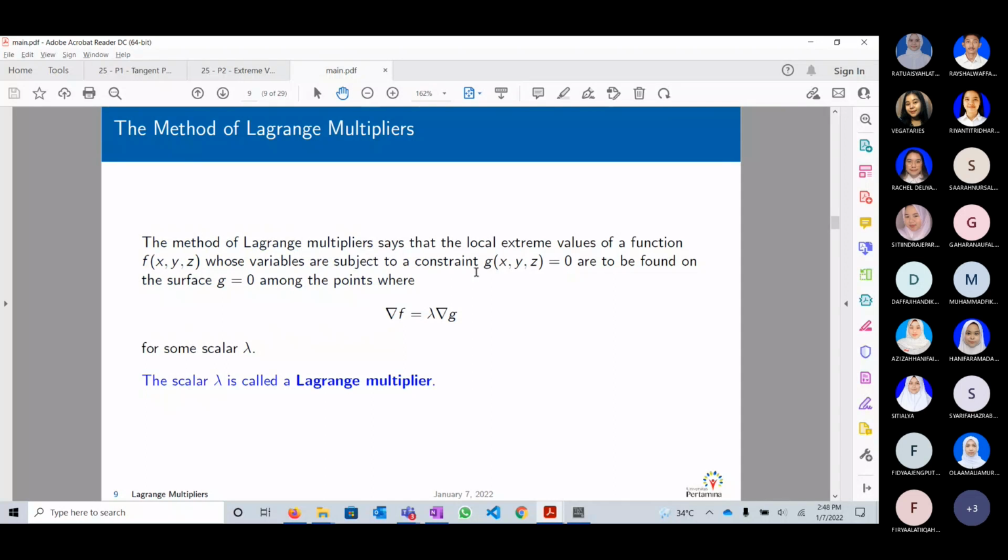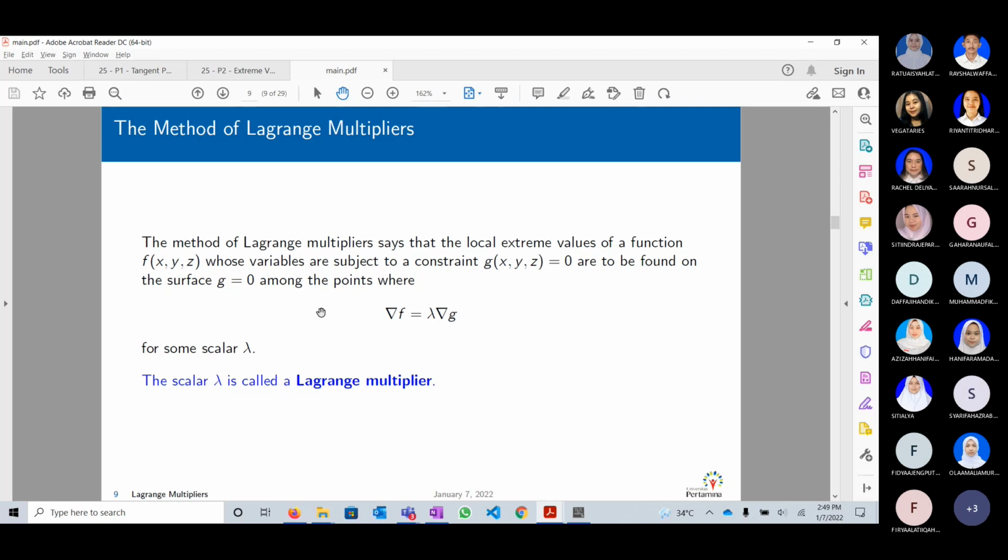So we go back to this Lagrange multiplier. So if we have these problems, f subject to a constraint g equal to 0, then the local extreme values are to be found on the surface of this constraint among the points where this equation is satisfied for some scalar lambda.